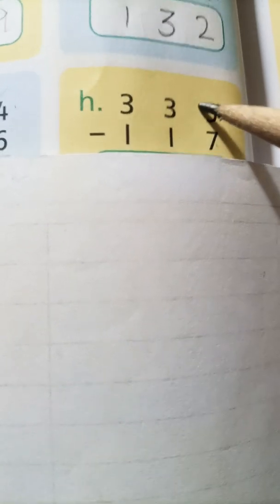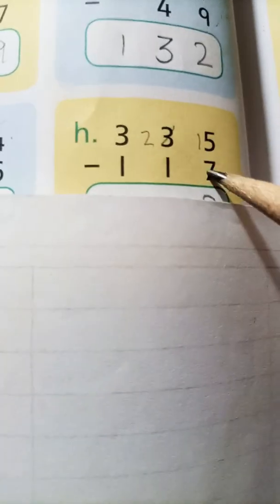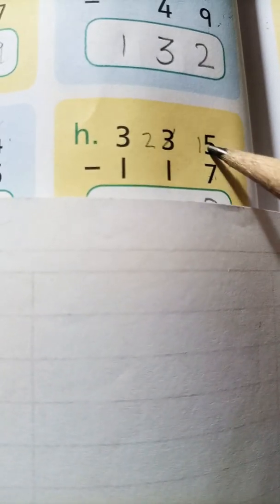Next is part H. I will take one carry from here and here we get the number 15. When I subtracted 7 from the 15 by taking carry from the 3, I got my answer, that is 8 here.